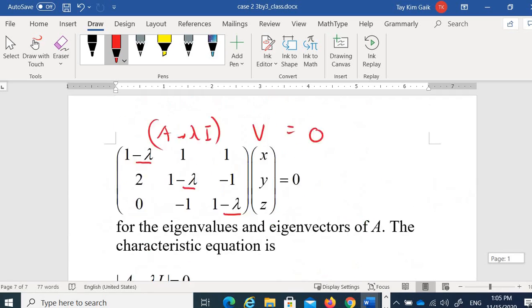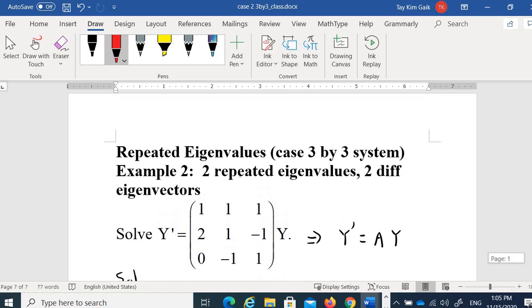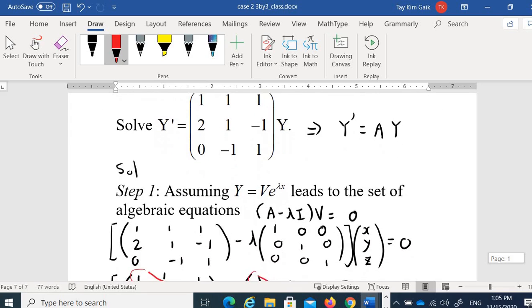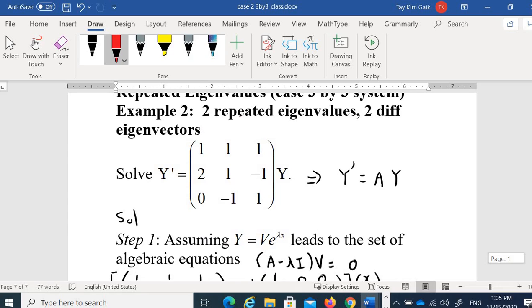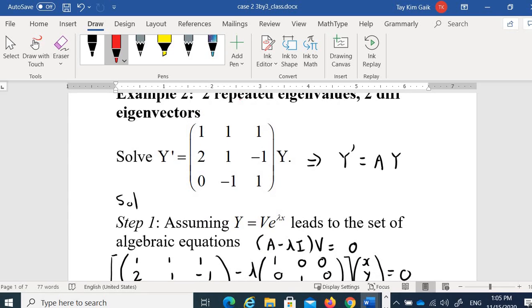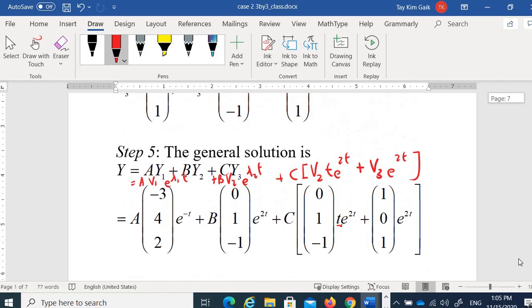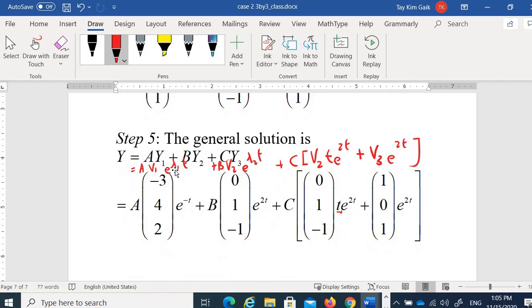So okay, I repeat back. This is a case of a 3 by 3 system. However, we got 2 repeated eigenvalues, but we can use only 1 eigenvector for the repeated eigenvalue.